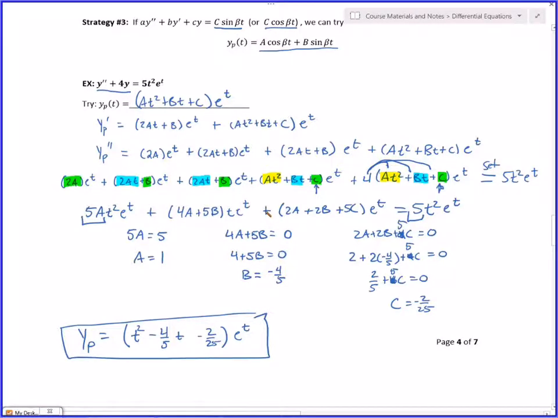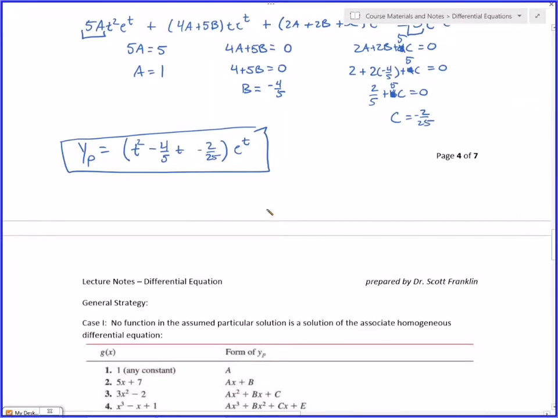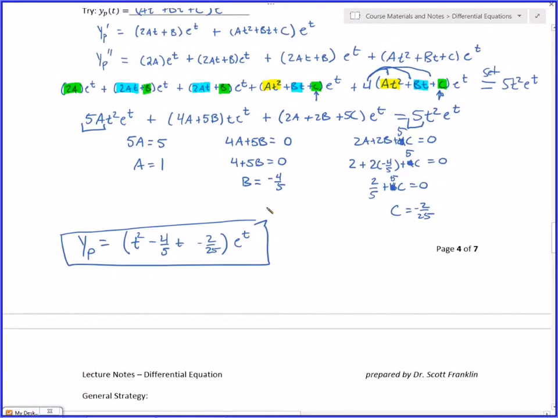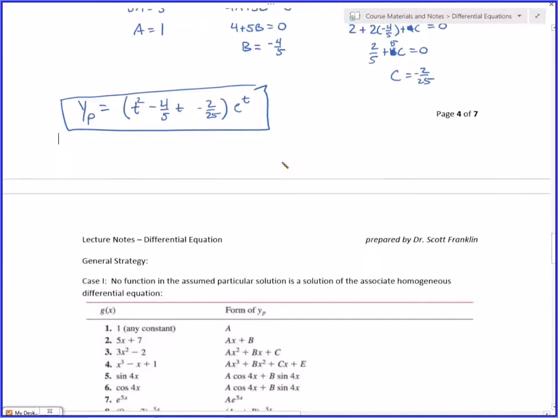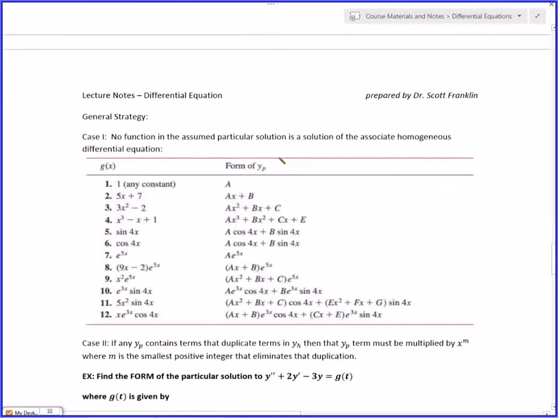Okay, so the next page gives you a little bit of a general strategy on how to handle combinations of these types of functions on the right-hand side. So, case 1 says that your initial guess does not contain a function that is in the homogeneous equation.